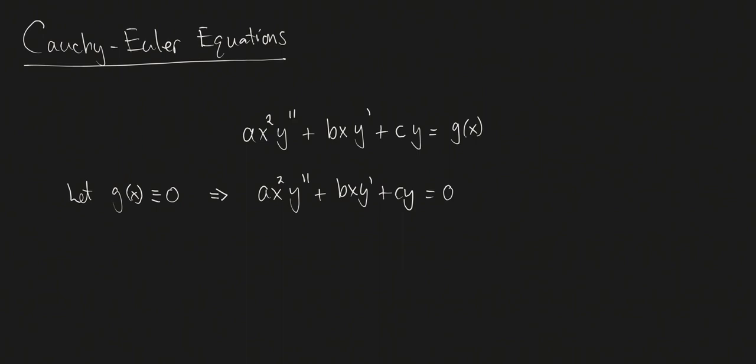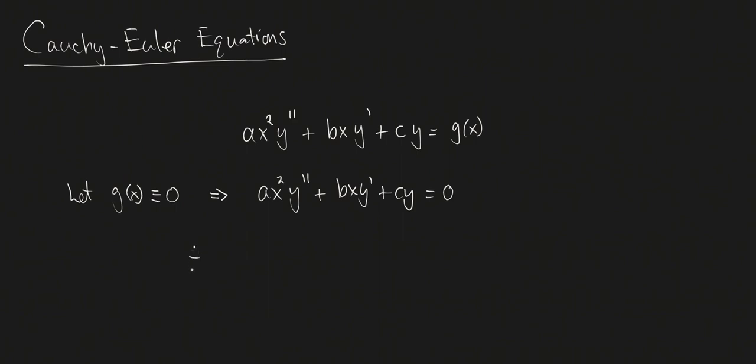Now, let's think about our existence and uniqueness theorem, right? Because we want to make sure that whatever method of solution we come up with, we're guaranteed that it will work, and it'd be great if it guarantees a unique solution. But in order to apply the existence and uniqueness theorem to this equation, I have to have a leading coefficient of 1.